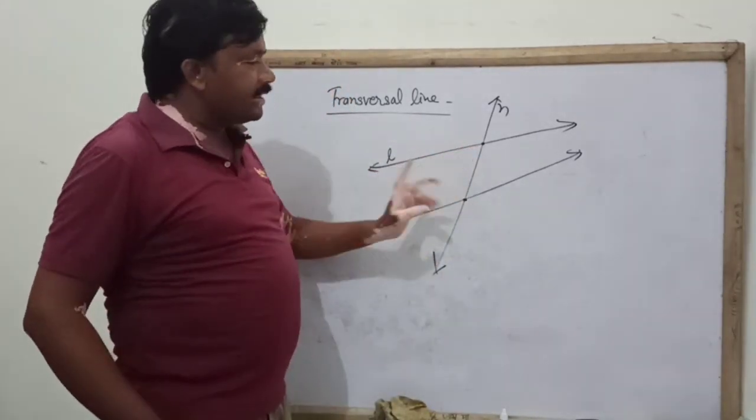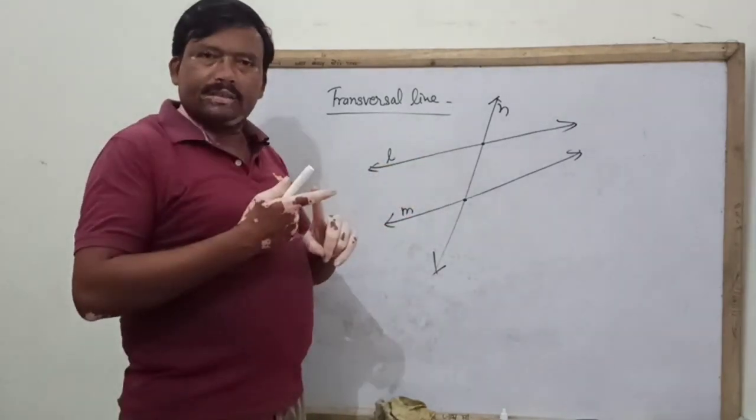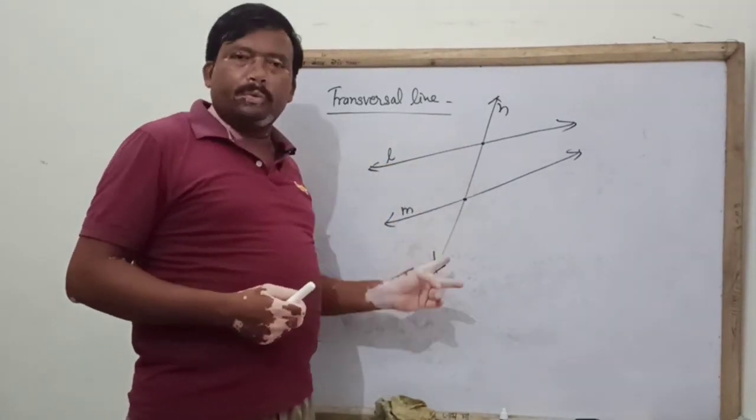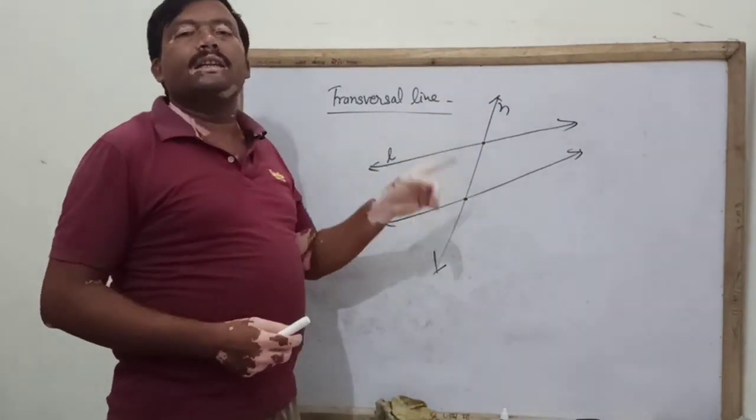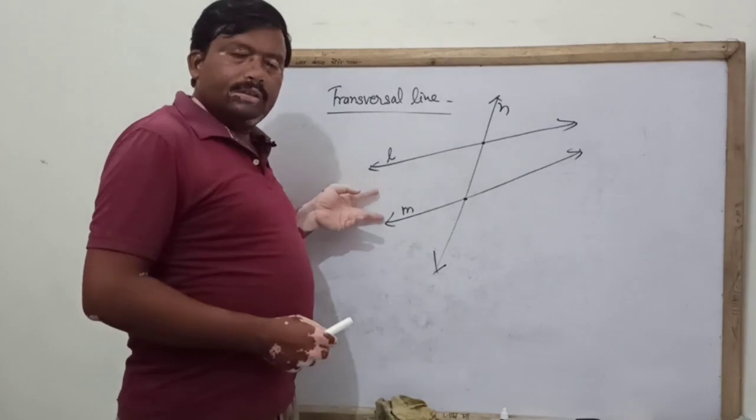These two points are distinct, they are not the same points. Then we can say that line N is a transversal line of these two.